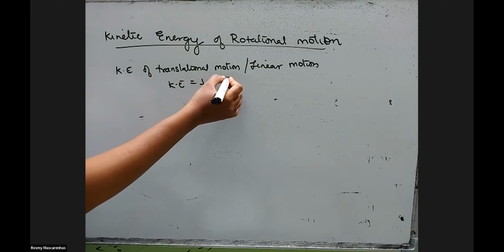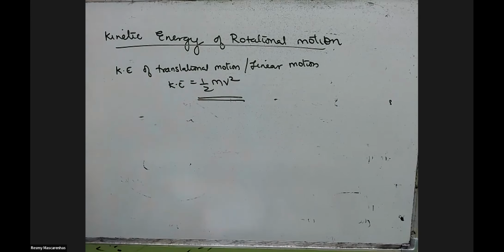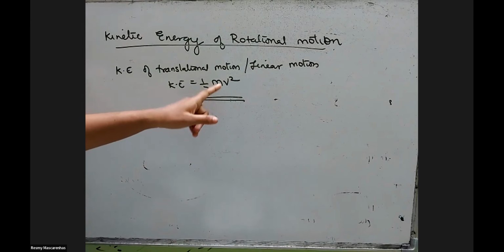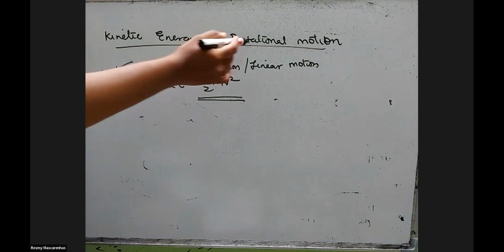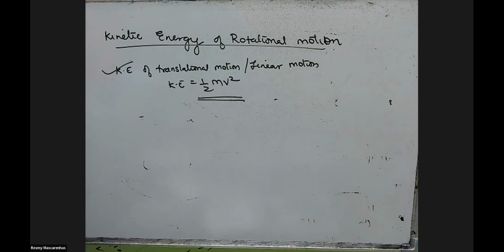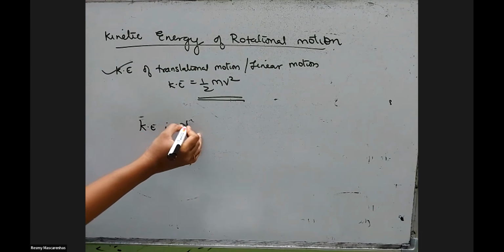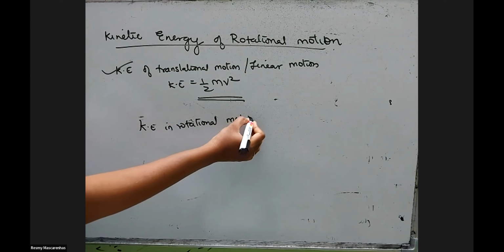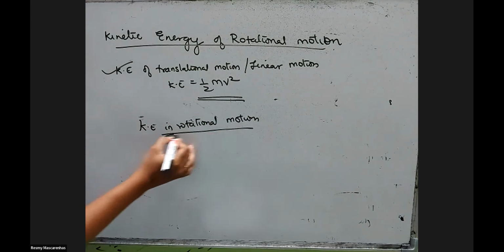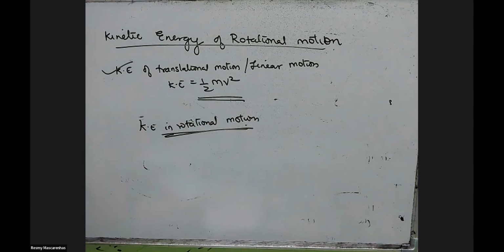We have always studied that. Till now we have studied only linear motion, in a straight line. So that was half mv square. This we already know. Now we have to calculate what the same kinetic energy is in rotational motion. I'm trying to calculate this.